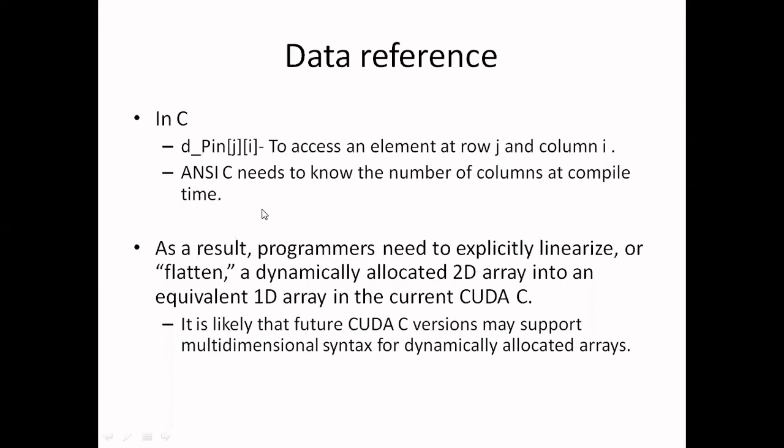However, in CUDA C, which is based on ANSI C, we must be aware of the number of columns at compile time. However, we are writing the program where we may not be aware of it.